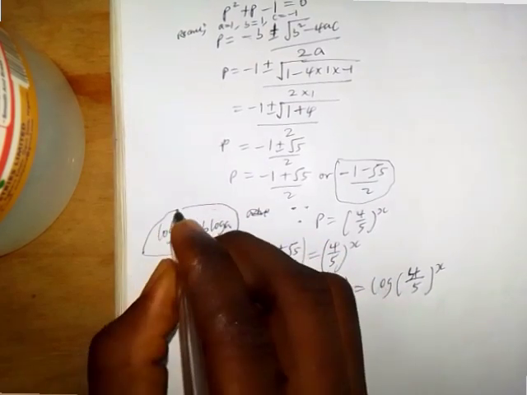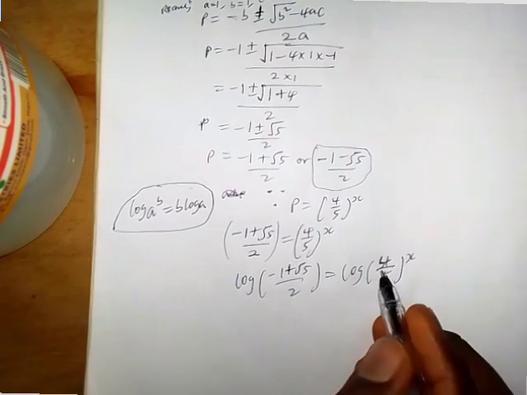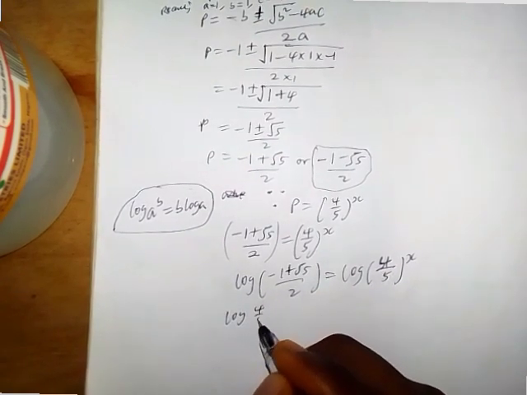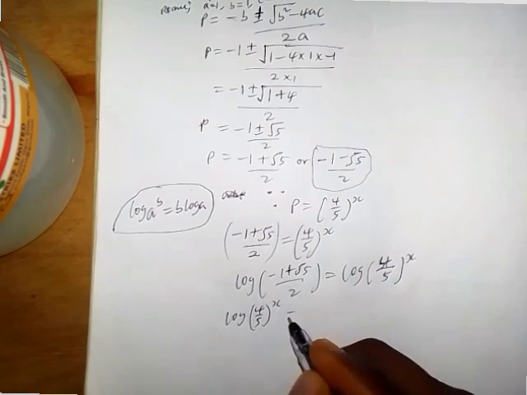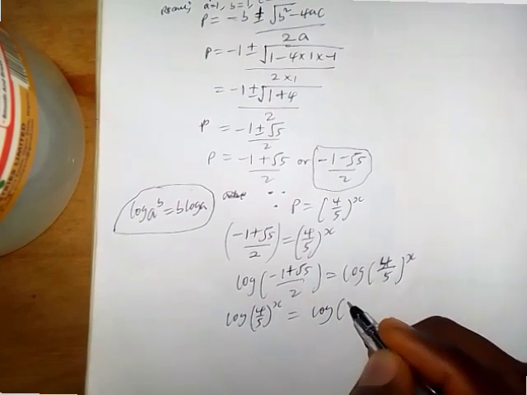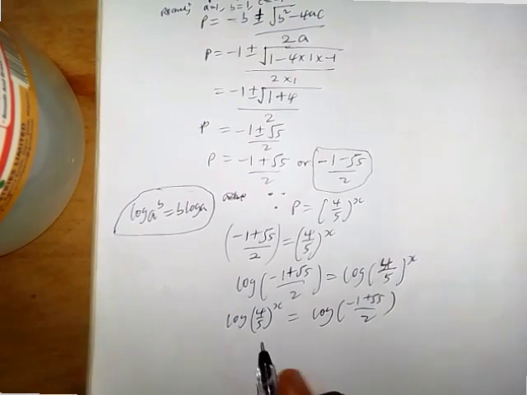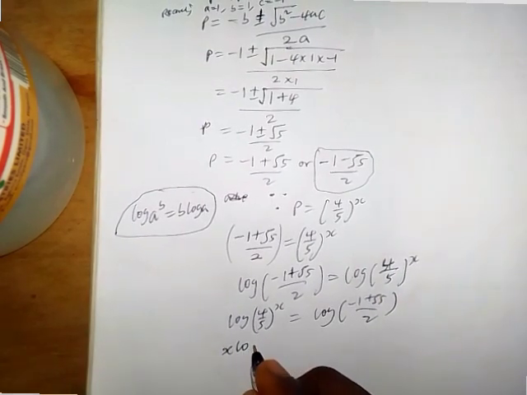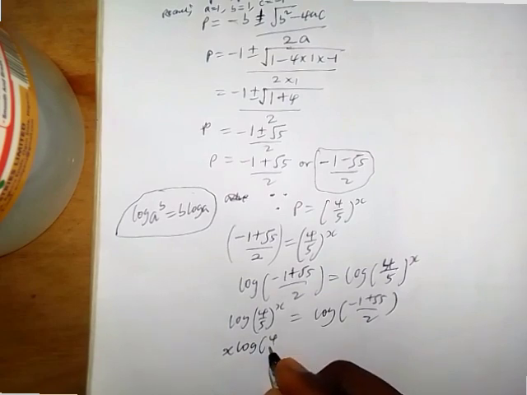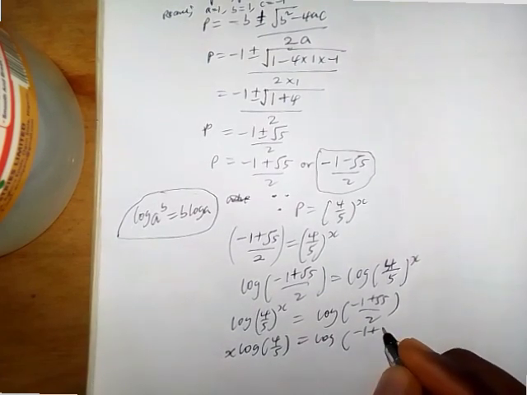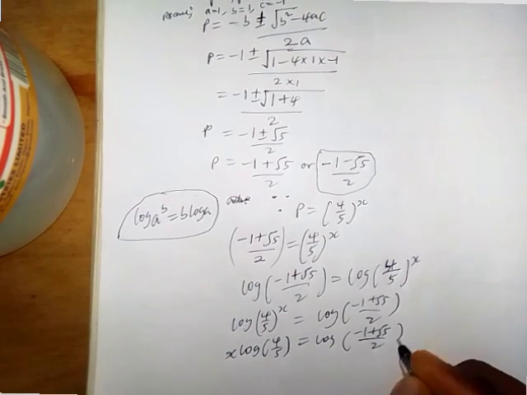So we are going to apply this property here. Let's just switch this. So we have log of 4 over 5 raised to x equals log of minus 1 plus square root of 5 over 2. Applying this property, we now have x log 4 over 5 equals log of minus 1 plus root 5 over 2.